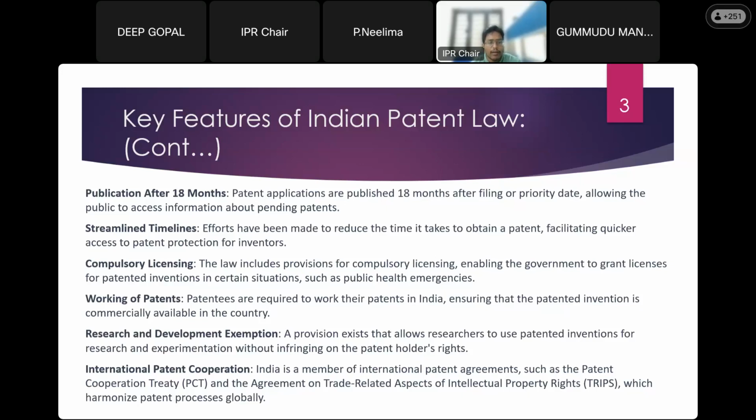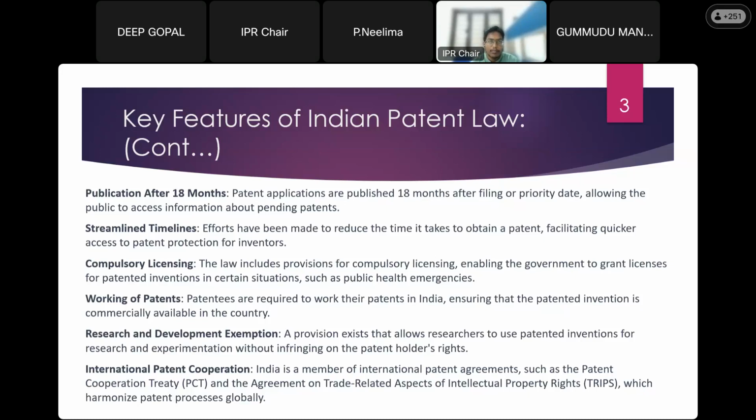Research and development exemption. For example, you can find a patent and you want to experiment with that, and come up with further improvement or advancement in the existing technology. In that case, you can use it personally, or for research or experimentation without a commercial purpose, and that is not called infringement.